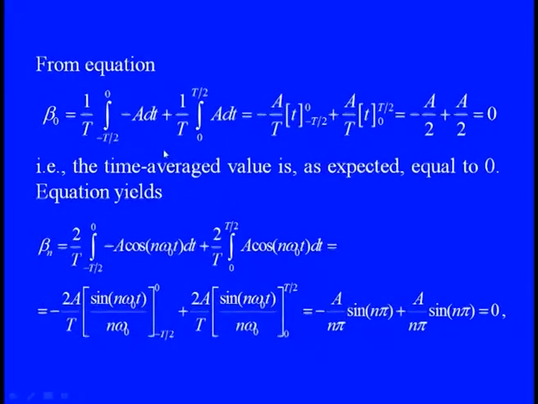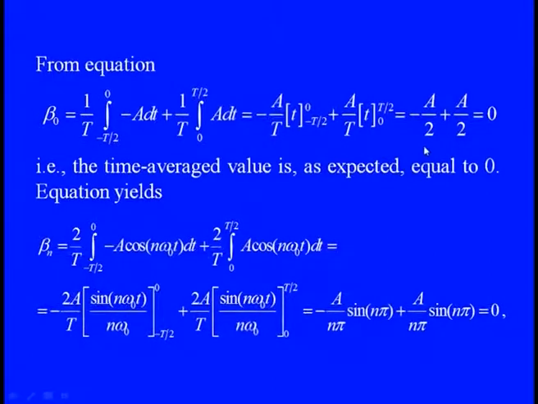When we do this integration, we have minus a by t into t, from minus t by 2 to 0, plus a by t, which we apply from 0 to t by 2. So our beta 0 is 0.